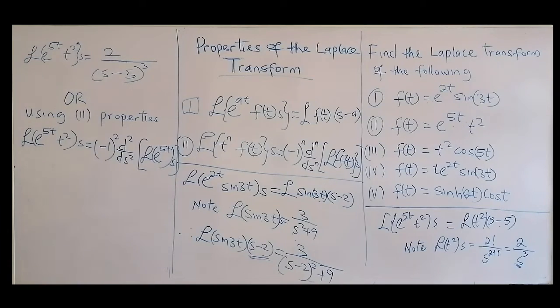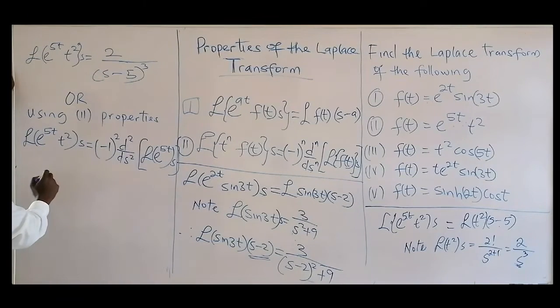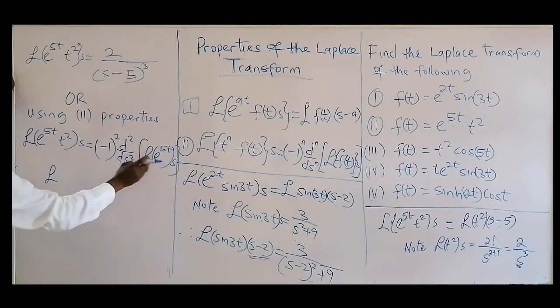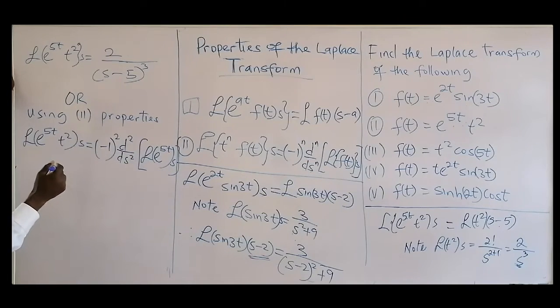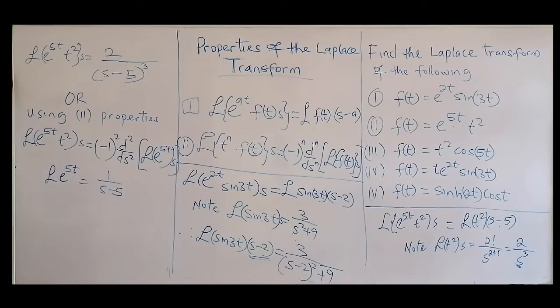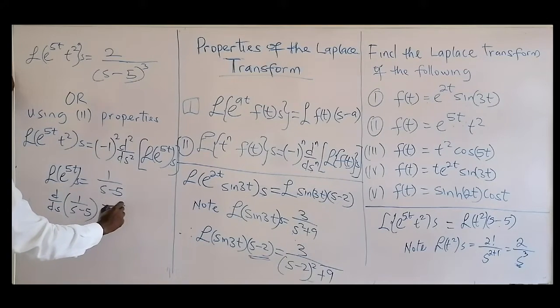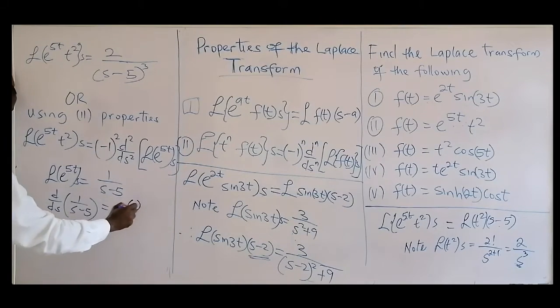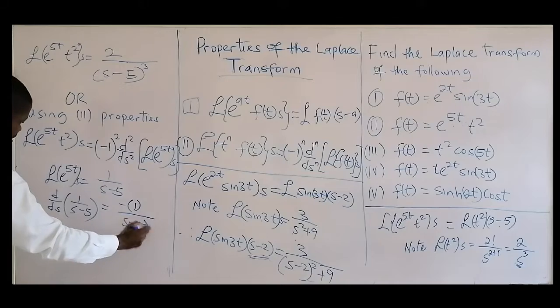That means the first thing we do now is getting the Laplace of this, which is equal to 1 over x minus 5. That's Laplace of this. So let's get the first differential of this, x minus 5. The first differential of this will be equal to minus the derivative of the denominator, which is 1, all over (x minus 5) squared.